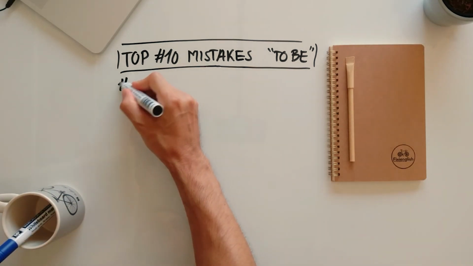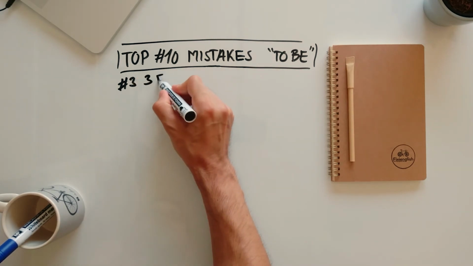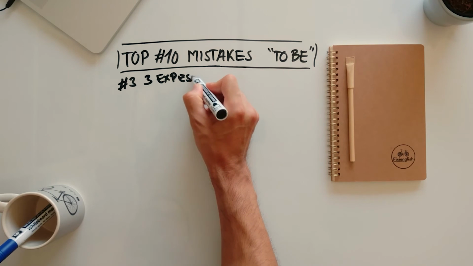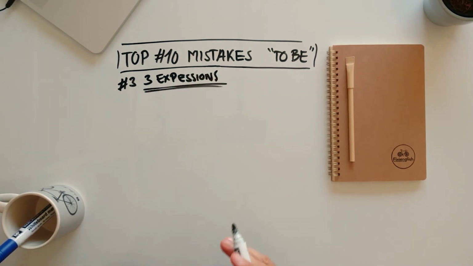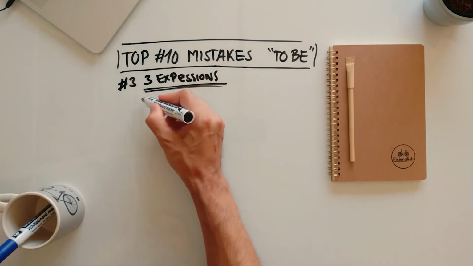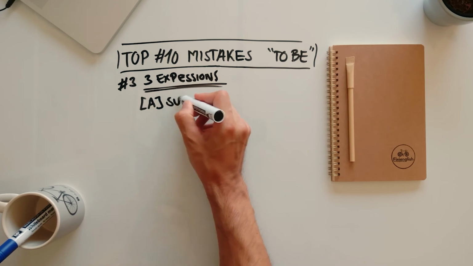In third position on our top 10 list, we'd like to show you 3 expressions that are using the verb to be to express different things. The first one is when we are using the verb to be to express success.